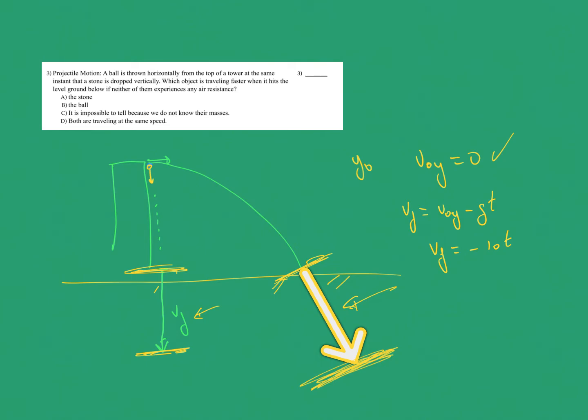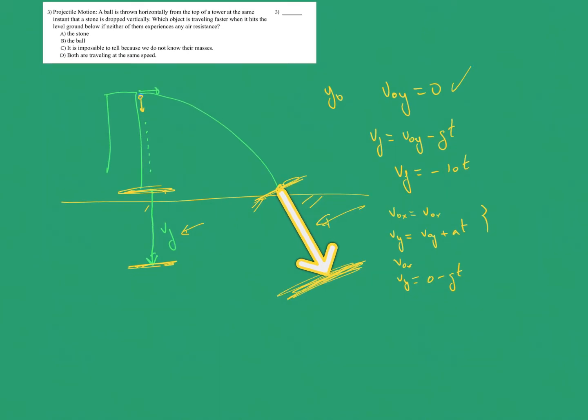For the one that is thrown with horizontal velocity, v0x will not change, and vy will be v0y, which is 0 because it's launched, minus g t.